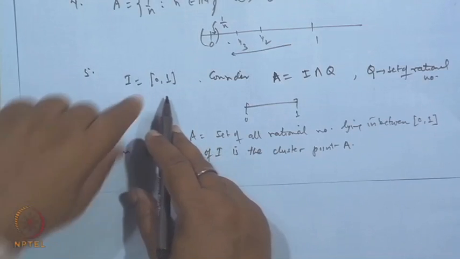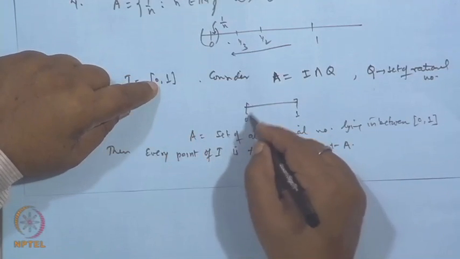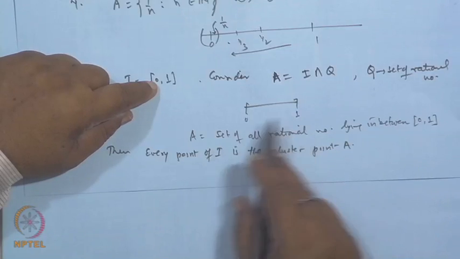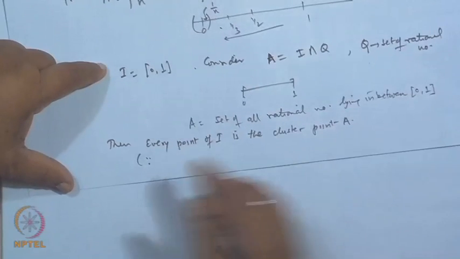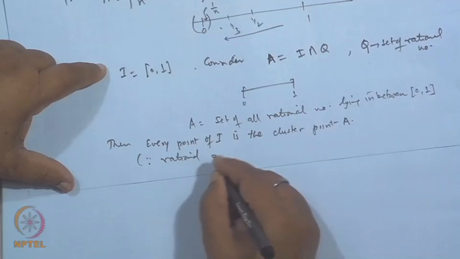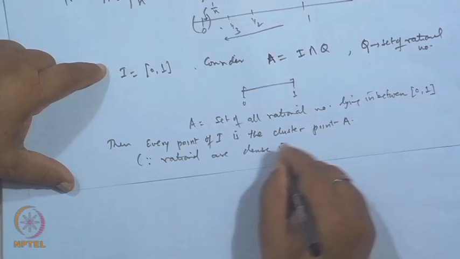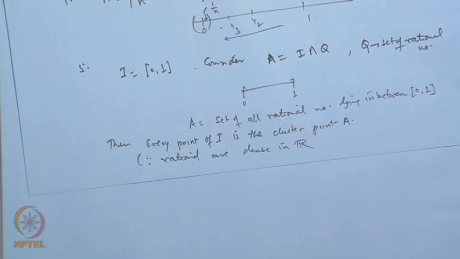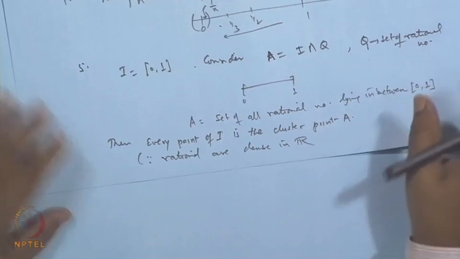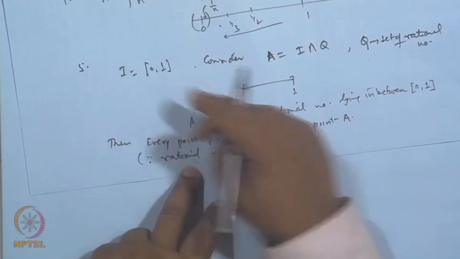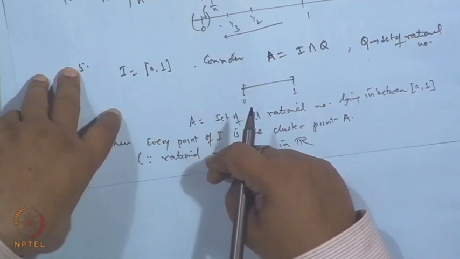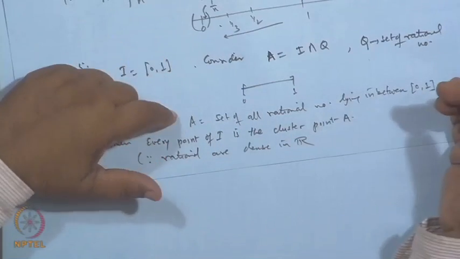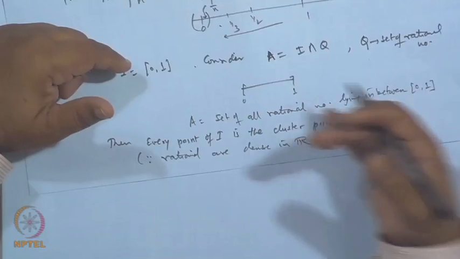So, if I pick any point here, say 0, and draw the neighborhood, since rational numbers are dense between 0 and 1, this is because rationals are dense in the reals. The closure of the rational numbers is the entire real line. So, if you pick any number, you will always get in its vicinity another rational number which is distinct from that number. So, every point of [0, 1] becomes a cluster point for this set A. Okay, so that is one.